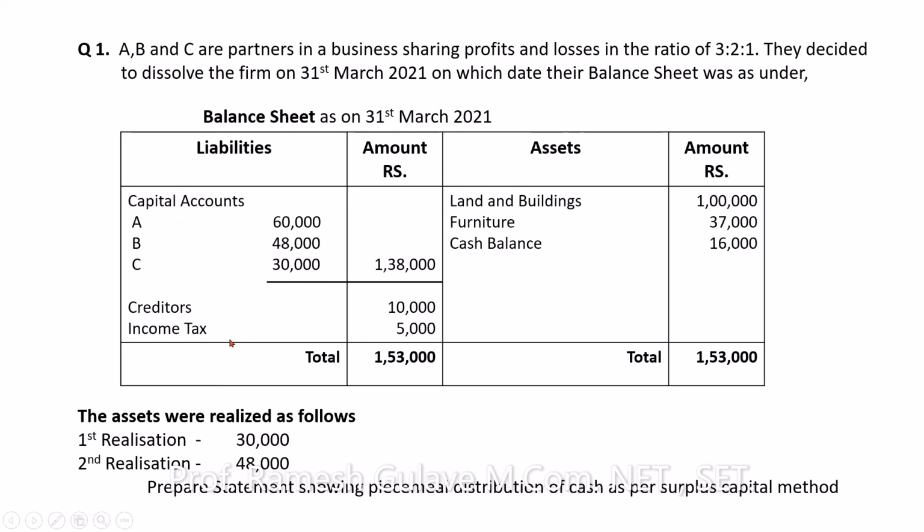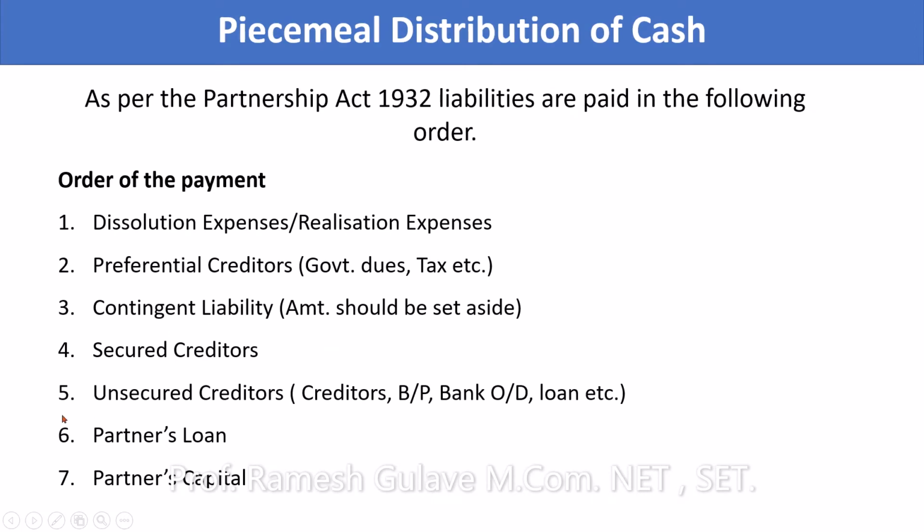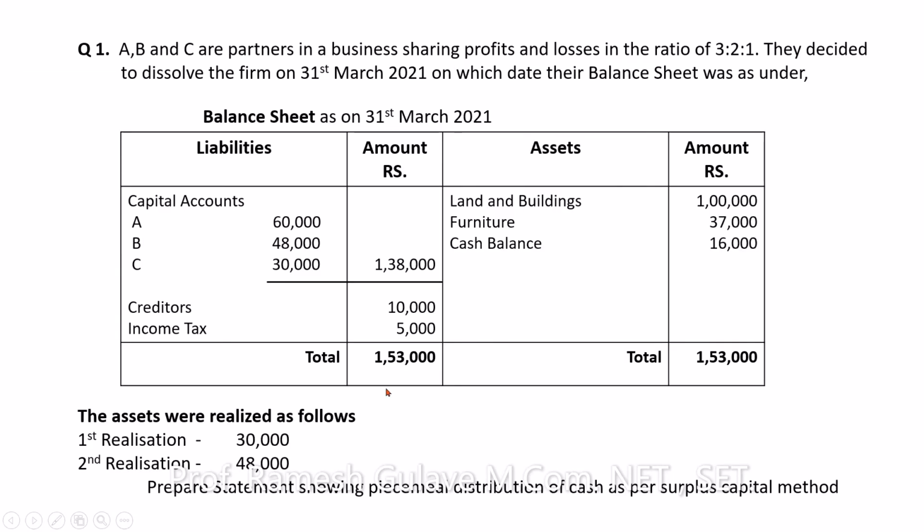So in this particular example, we have to pay first income tax, then next liabilities creditors. We have discussed and understood that creditors are unsecured creditors, so they are paid after the preferential creditors. And in the balance sheet we can see there is no other liability apart from income tax and creditors.